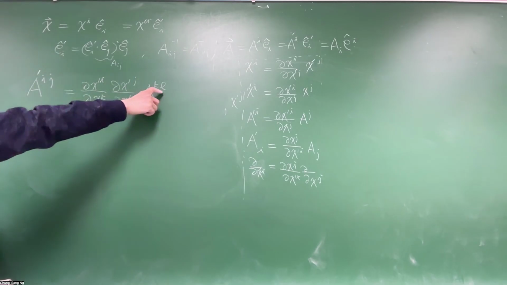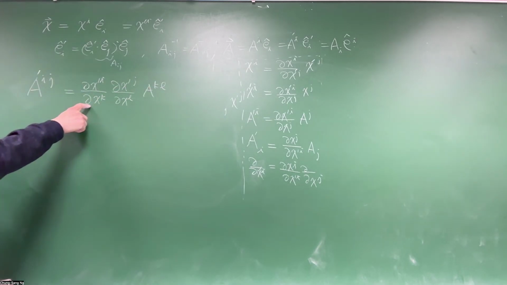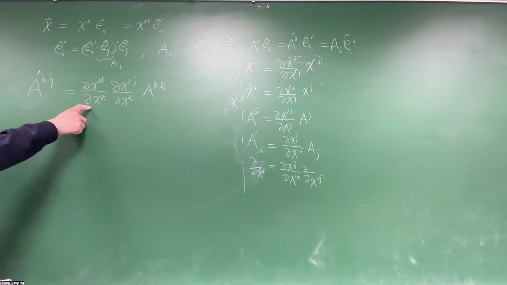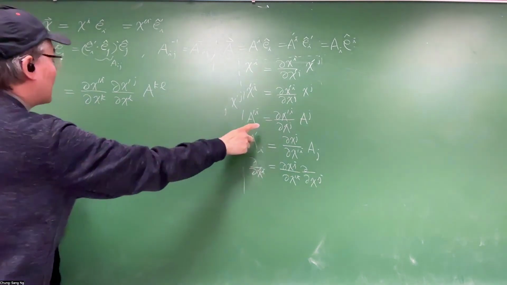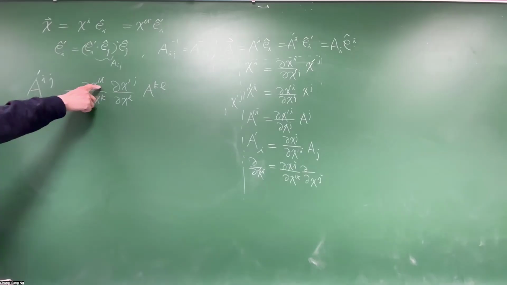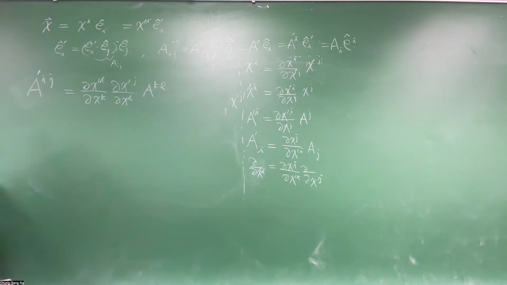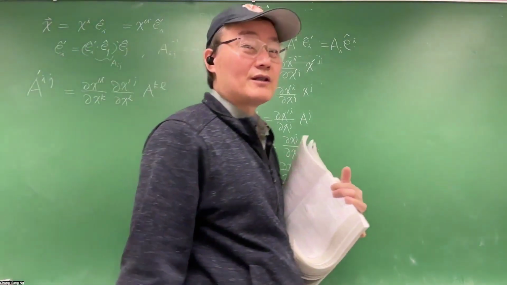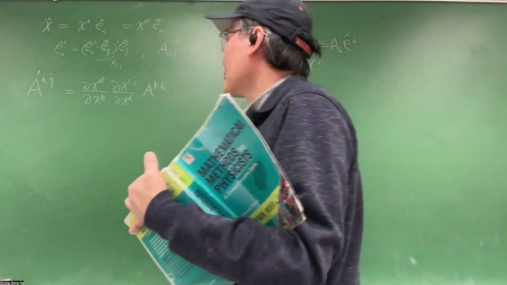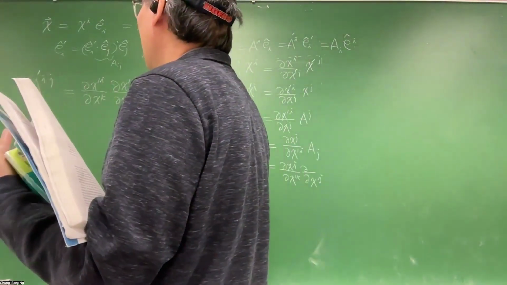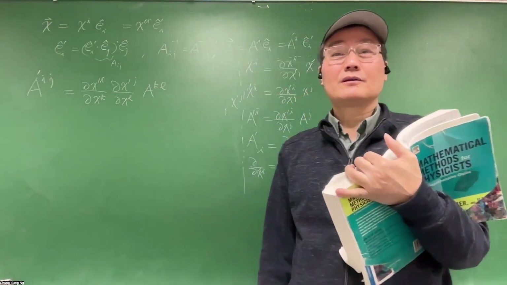Each index, each superscript, transforms with a transformation matrix like this one. So it's a derivative of the new one with respect to the old one. Then that is a second rank tensor, because second rank means we have two indices, and both are superscripts. So this is a contravariant second rank tensor.